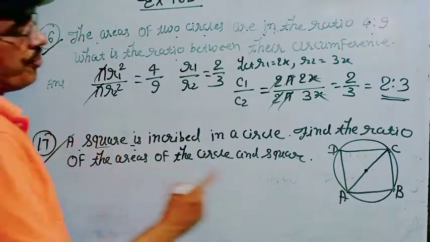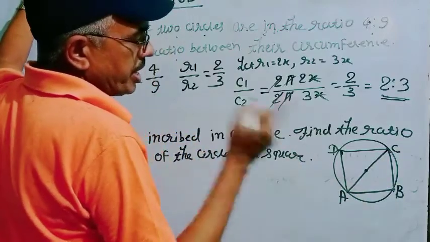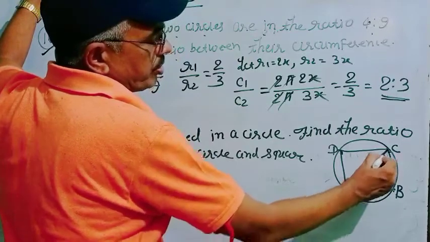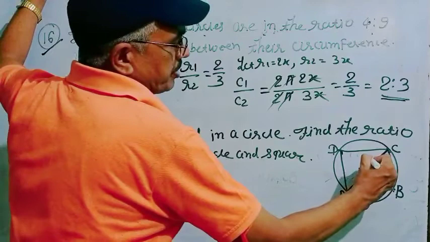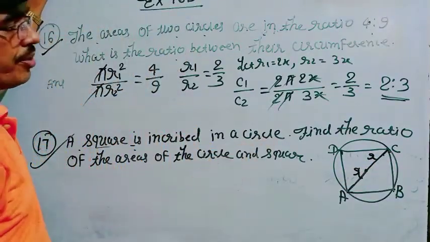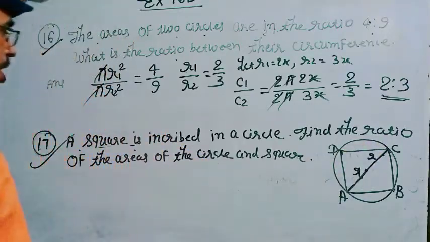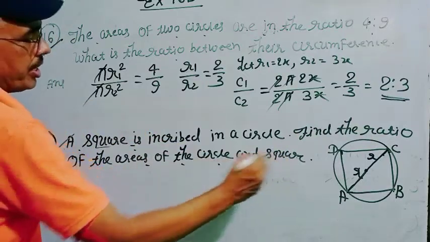Dear student, when your square is inscribed in the circle, then it is clear the diagonal of the square is equal to the diameter of the circle. So right here, if the radius is r, then the diagonal will be 2r, because the diagonal is equal to the diameter of the circle. And your question now is, find the ratio of the areas of the circle and the square.